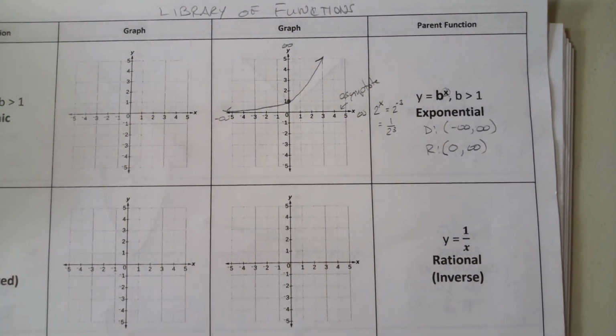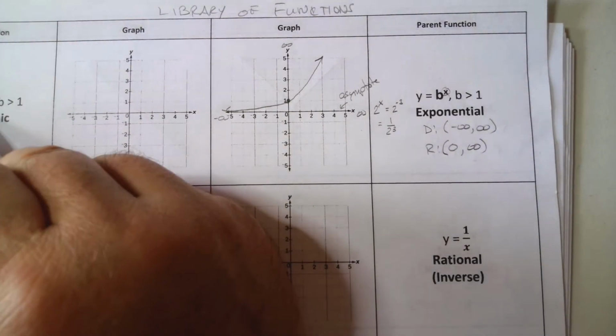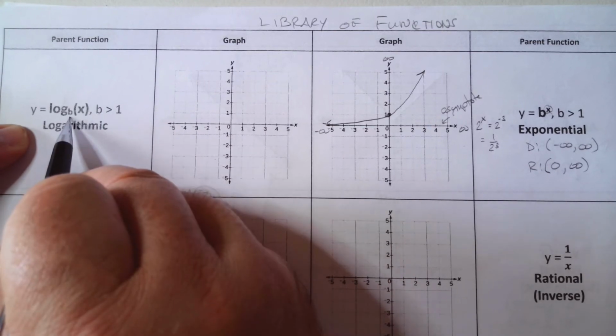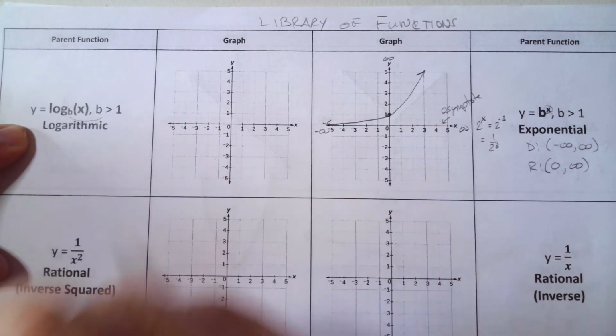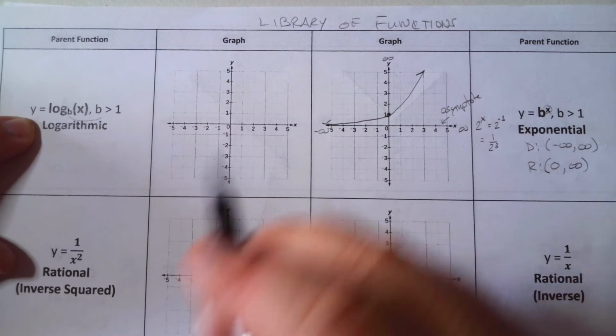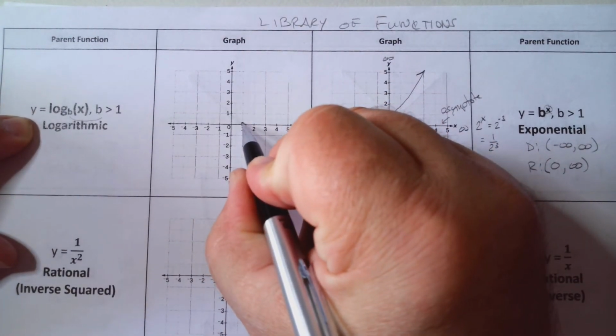Similar to the last page when we looked at the cube root and the cubic function, they're just rotates of each other. Same thing with the logarithmic function. With the base, this is the base. If it's greater than 1, the graph will cross 1 on the x.